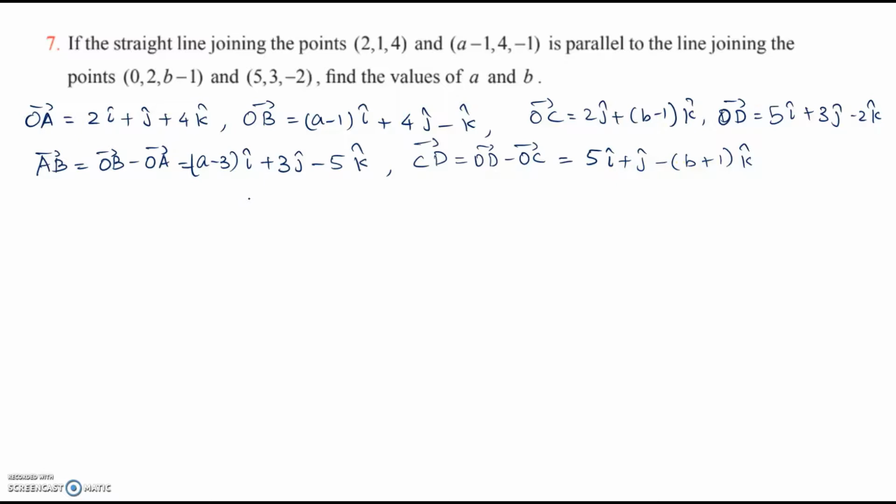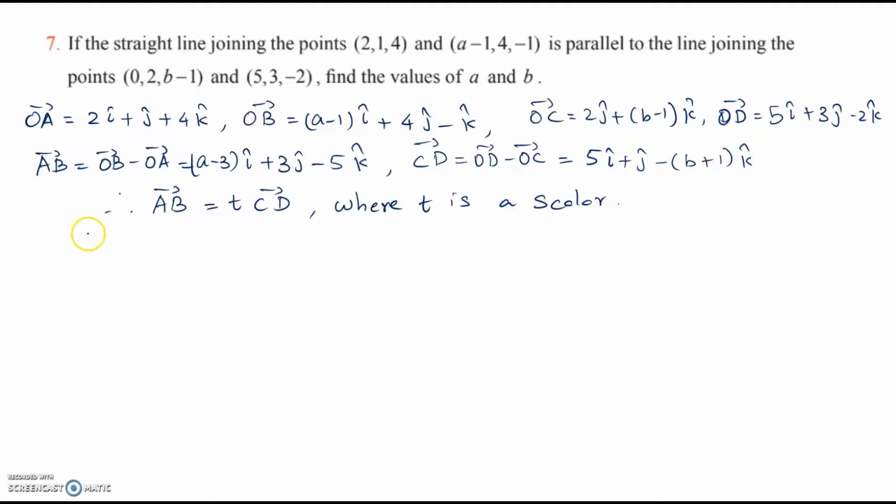We are given that the two lines are parallel, which is AB is parallel to CD. Therefore, we should be able to write AB is equal to t times CD, where t is a scalar.